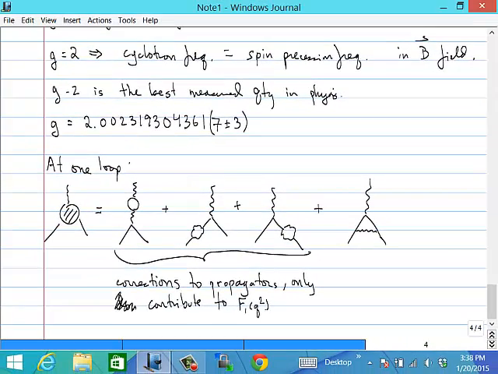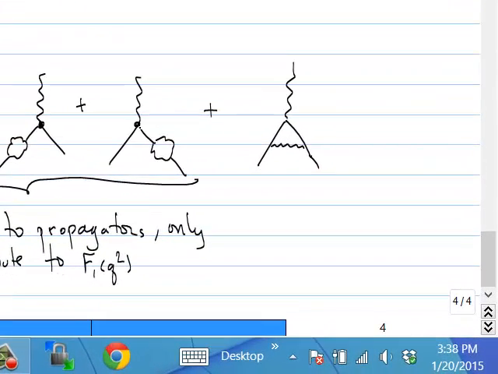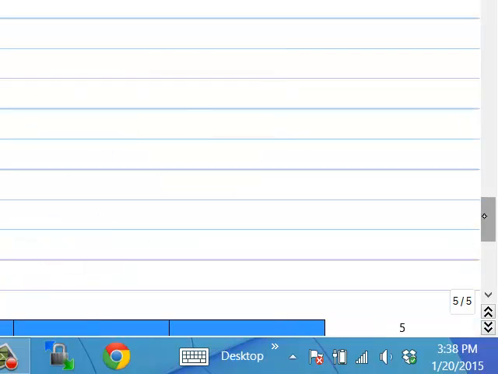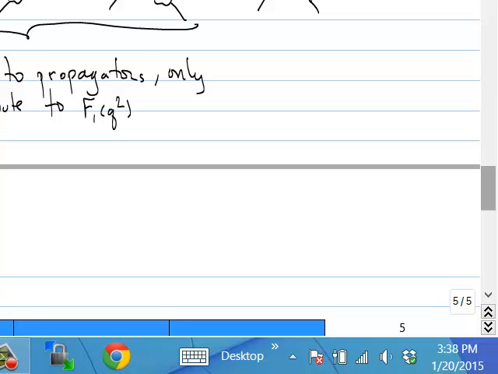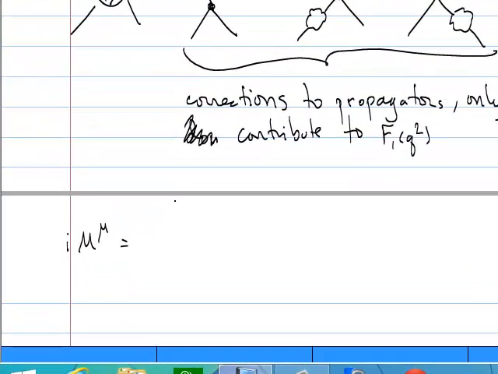In particular, you always just get a gamma mu associated with that interaction vertex. So you'll never get this new kind of tensor structure where you have a sigma mu nu F mu nu. So those 3 Feynman diagrams, at the end of the day, you might end up needing to compute them if you want to compute all of the form factors. But it's only this last diagram that contributes to F2. So let's go ahead and compute it.